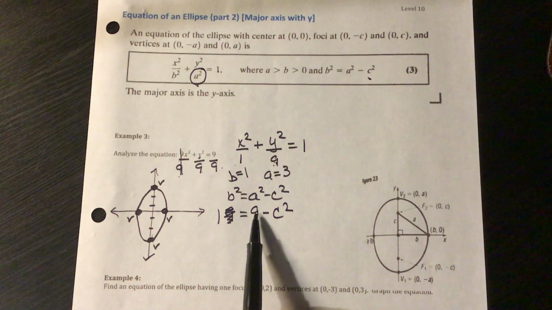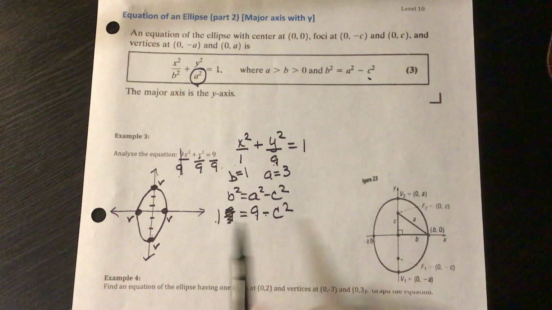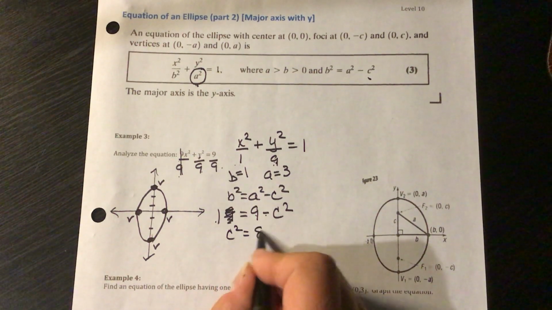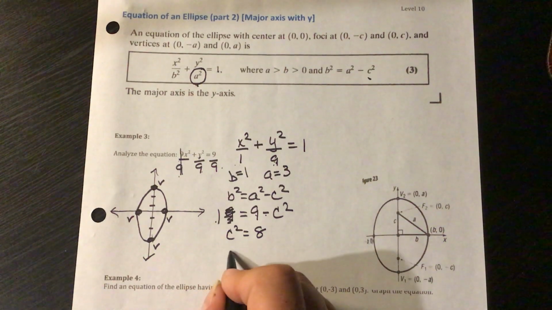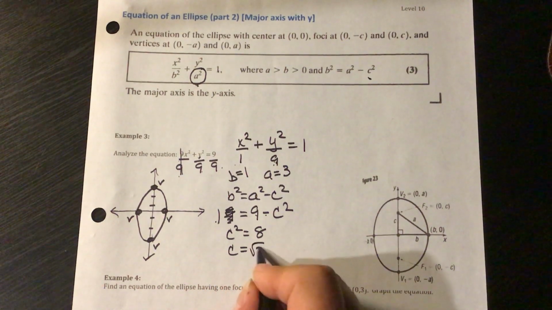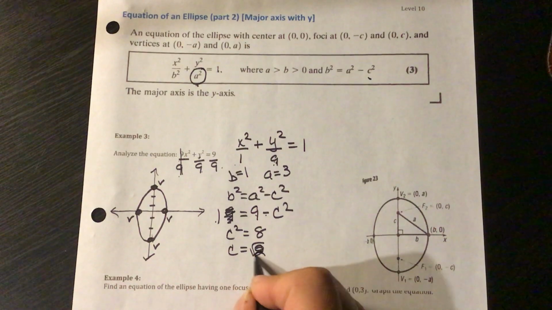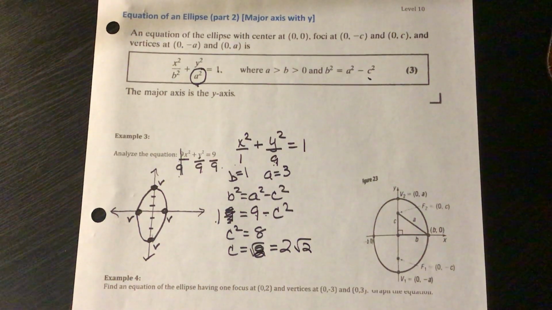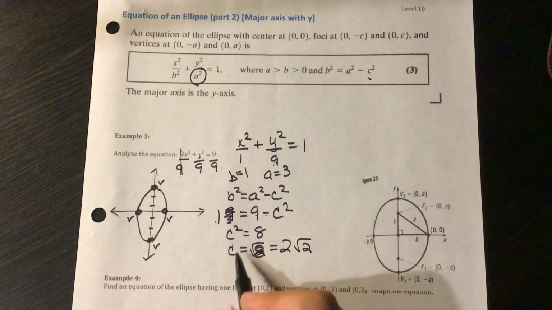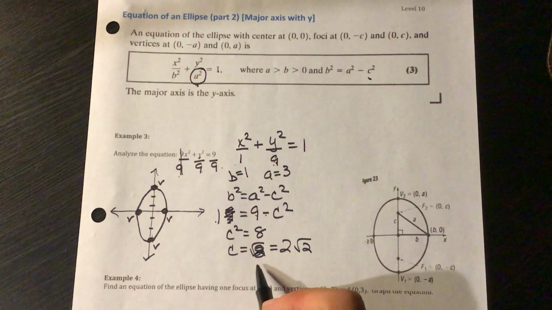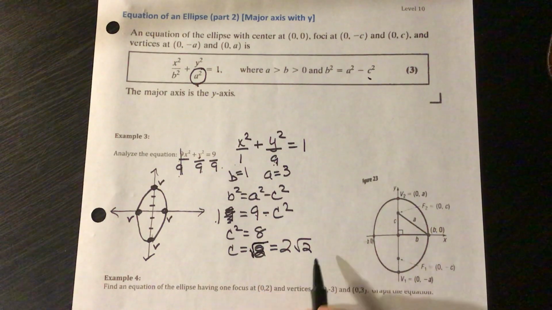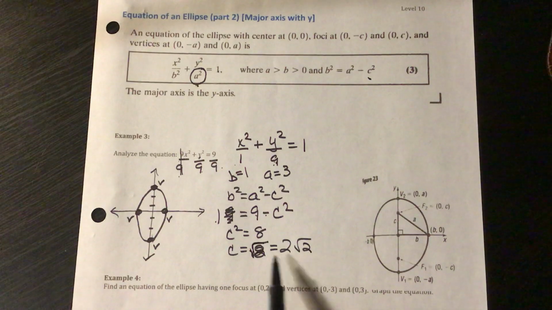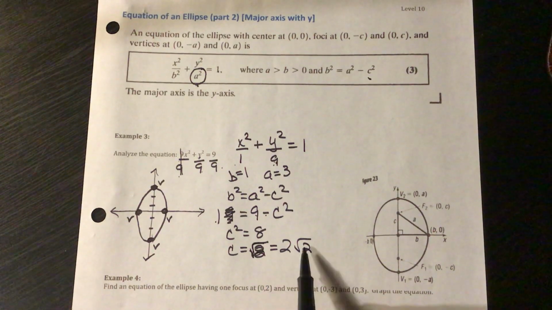So thinking about this, 9 minus what number is 1? That would be 8. So c squared is 8, and we could say that c is the square root of 8, or 2 square root of 2. When I'm naming my foci, the exact value is the square root of 8, but first I would reduce it, so 2 square root of 2.